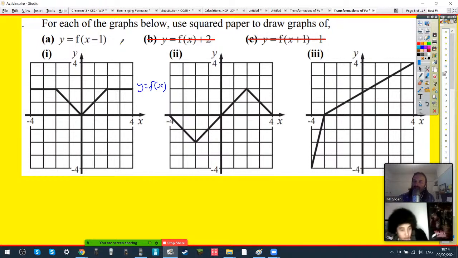And so what will that do to the entire graph? It will go right by 1. Correct. And so all the major points, move them all right by 1, and then do the graph out of that. That's it.